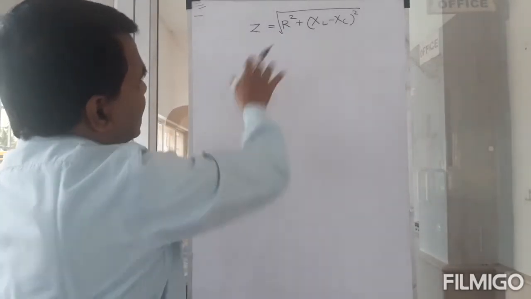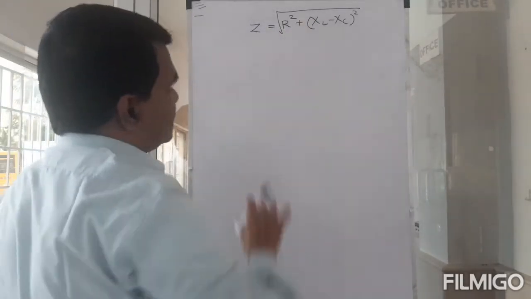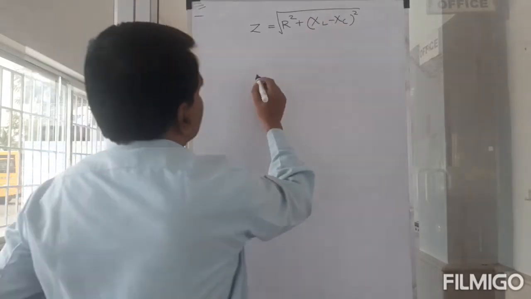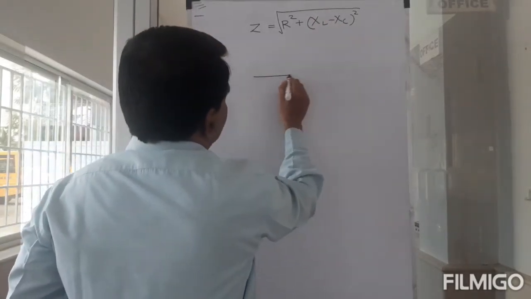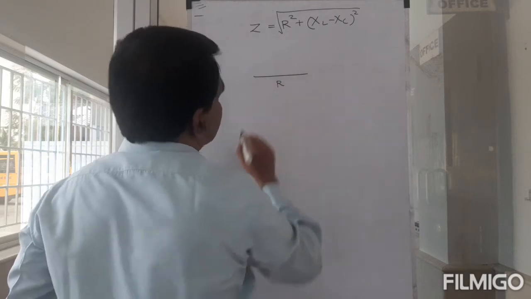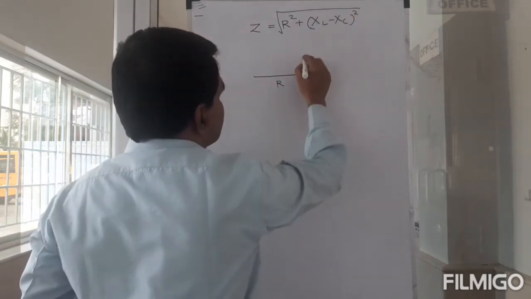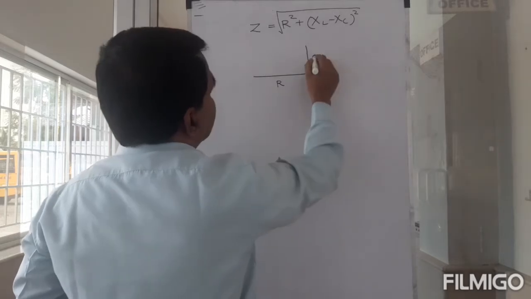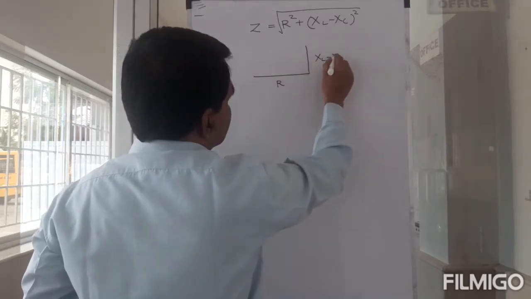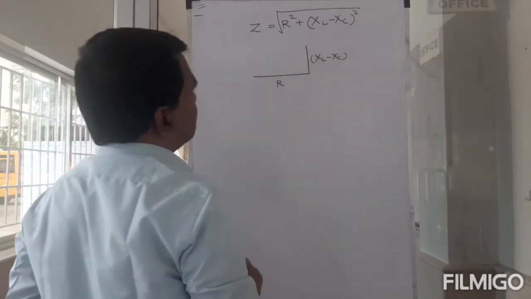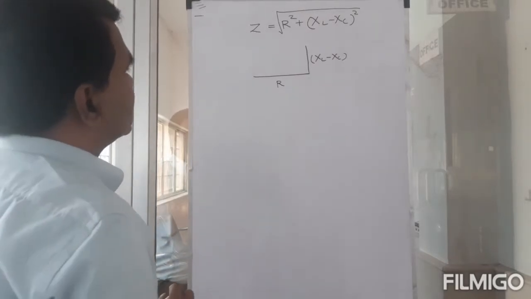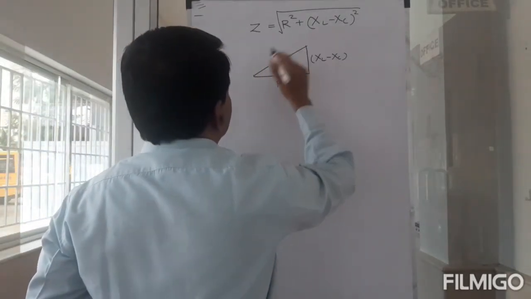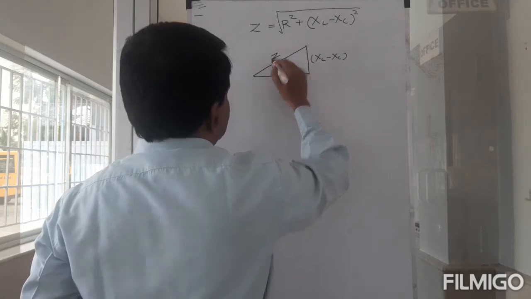Okay, so looking at this, you see I can represent this in terms of a triangle, right? So for example, I can have R along this axis, and then this XL minus XC can be taken here. Okay, so this is going to be XL minus XC. Okay, so now this is going to be my Z. Right?